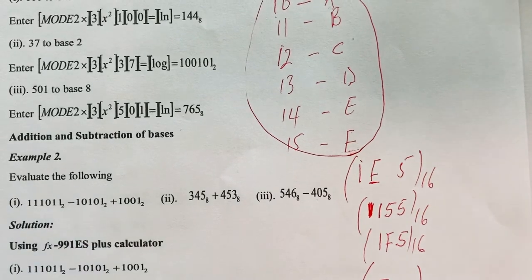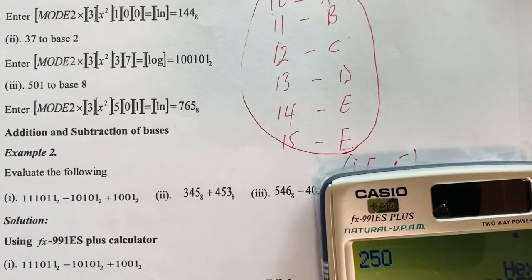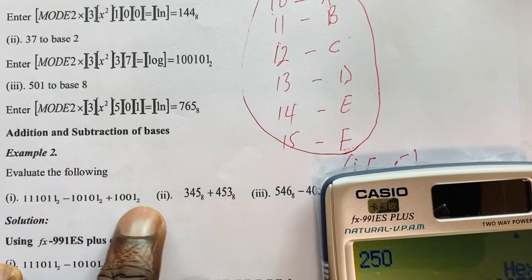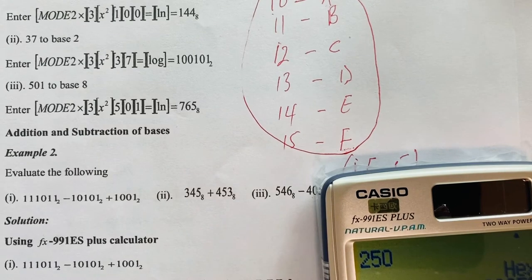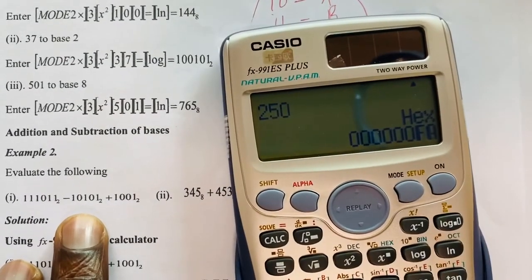Before you can subtract or add, you make sure your bases are the same, because it's not easy to subtract base 2 from base 5, or base 6 from another base, unless you have a common base. Let's use this one as a quick example.